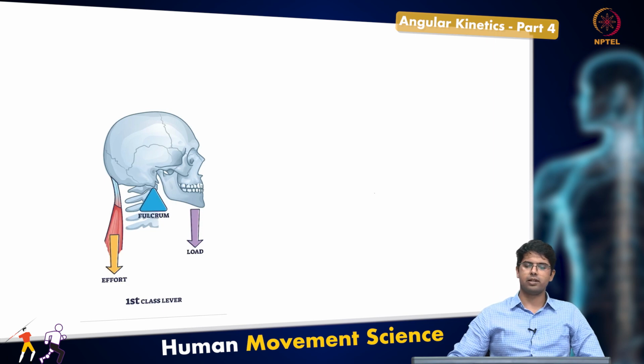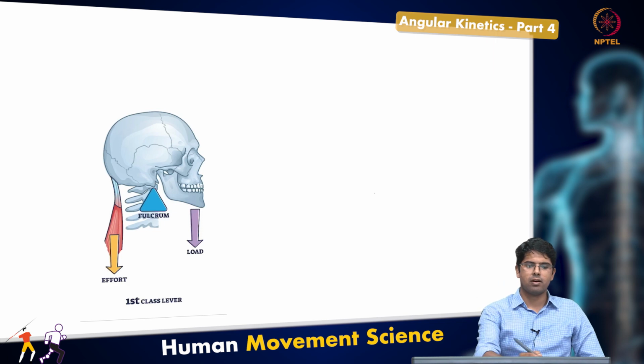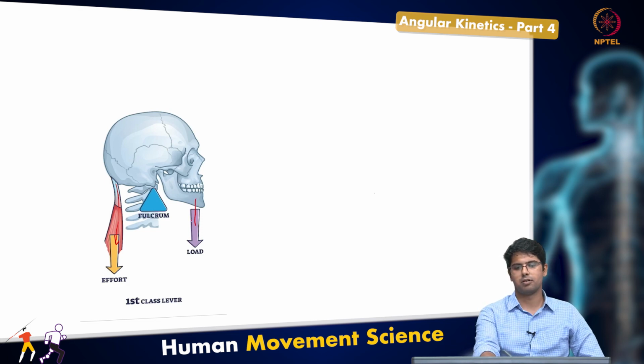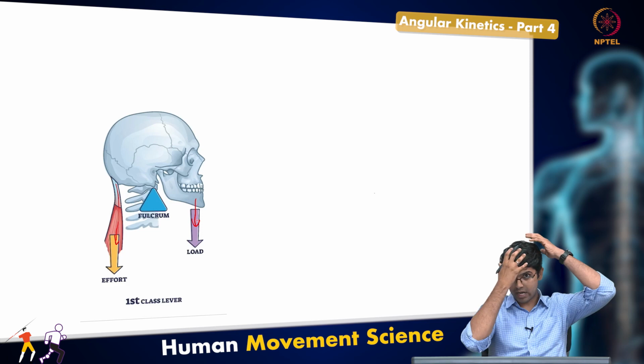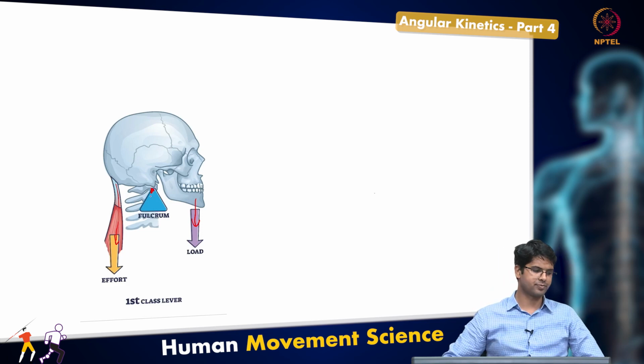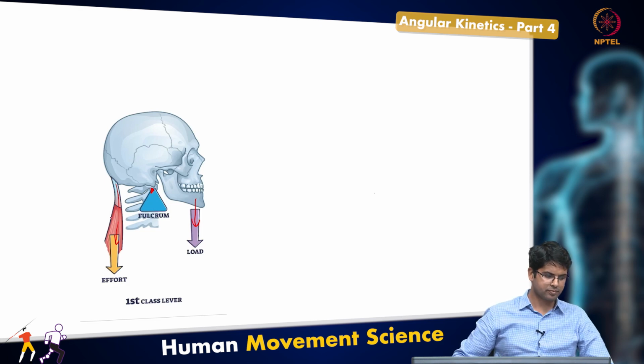So one example is the point of attachment of the head, the skull, to the vertebral column. The muscles at the back are what provide the effort. The load is the weight of the head, right? So you have your brain acting here, and the fulcrum is the point of attachment. So it is in between the load and the effort.